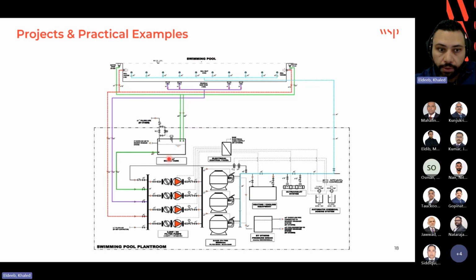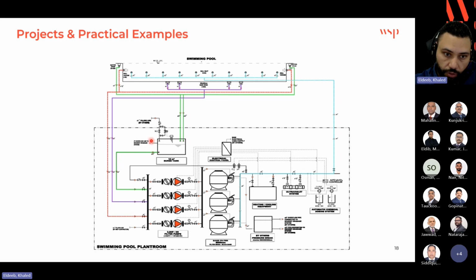One of the things I forgot to tell you about the surge tank: you need to provide a non-return valve here, at the intake of the pumps.